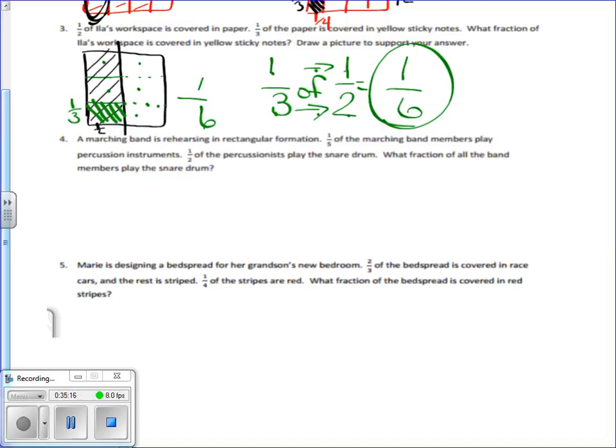They will do a trapezoid. 1/5 of the marching band members play percussion instruments. 1/2 of the percussionists play the snare drum. This is easy. What fraction of all the band members play the snare drum? Figure it out.